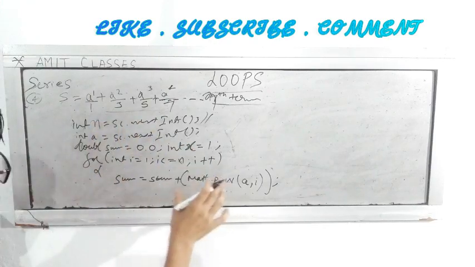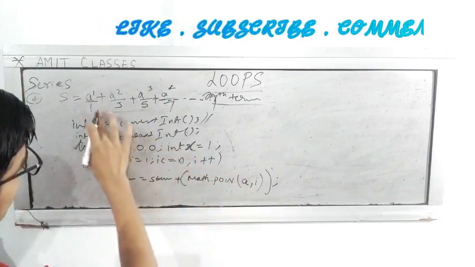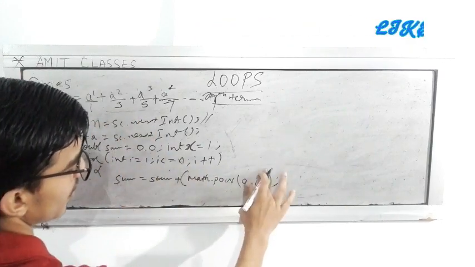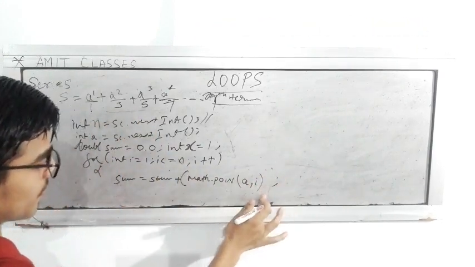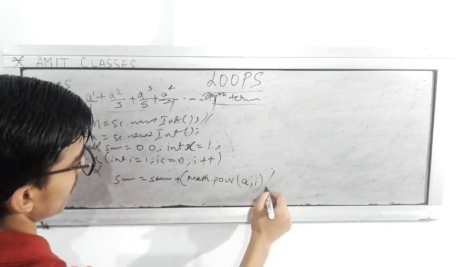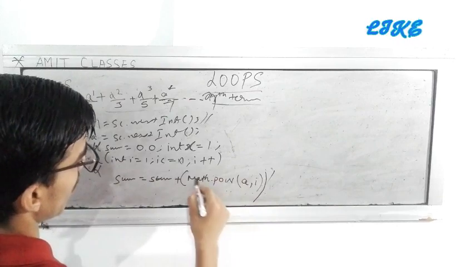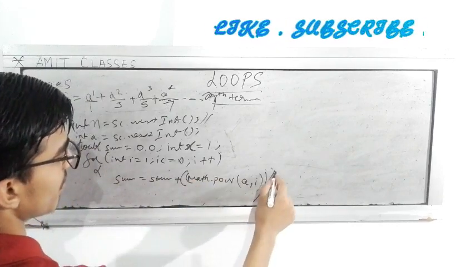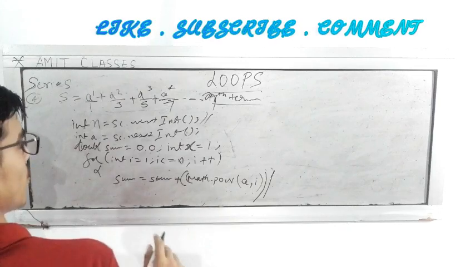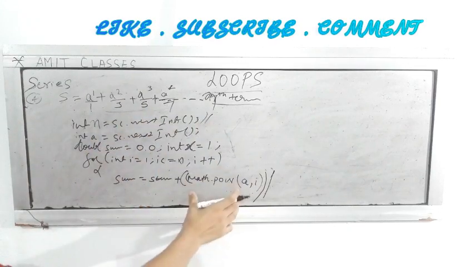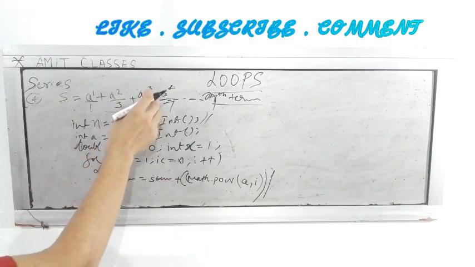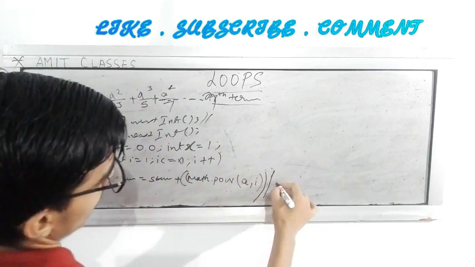This is the program of the sum, but there are also 1, 3, 5 in the denominator. So we'll write a few parts: the whole A to the power 1, A to the power 2, whole by x.